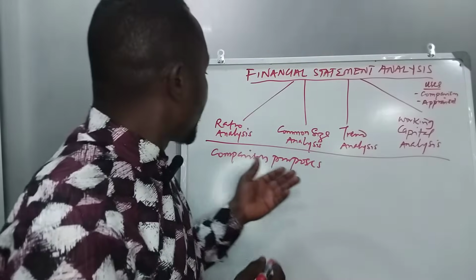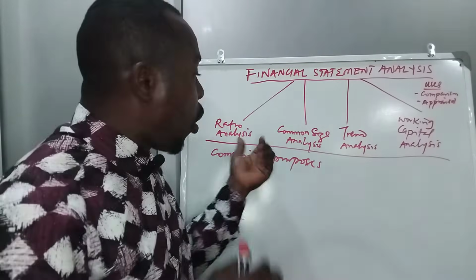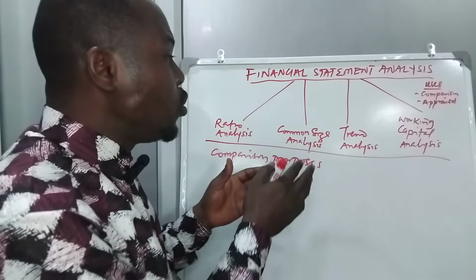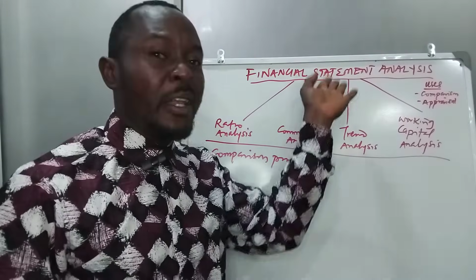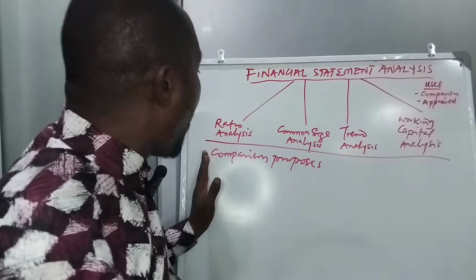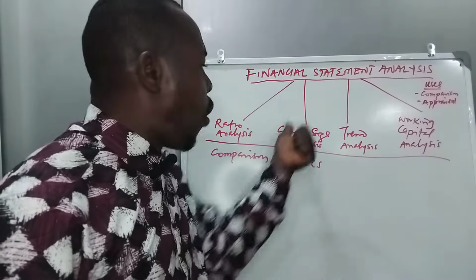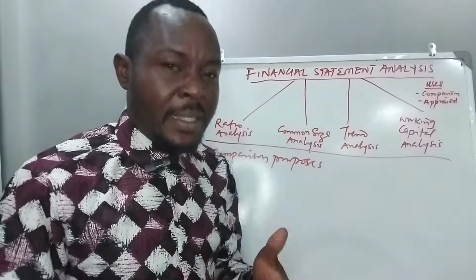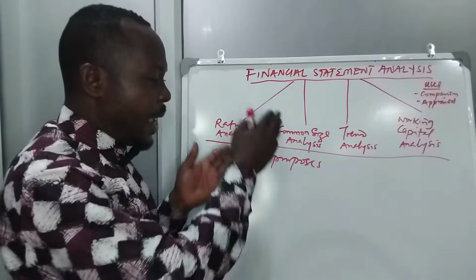It means that the figures in each of these tools, you can use the detail in your financial analysis to compare the performance of your entity, of your organization, using any of these.